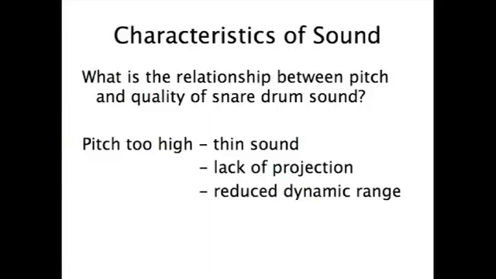Right. When I hear a drum corps that the snares are pitched too high, again, it's thin, there's no projection, especially if an ensemble judge is standing at the top end of the circle through the pipes. If it doesn't project, any dynamics you are able to get are completely lost.